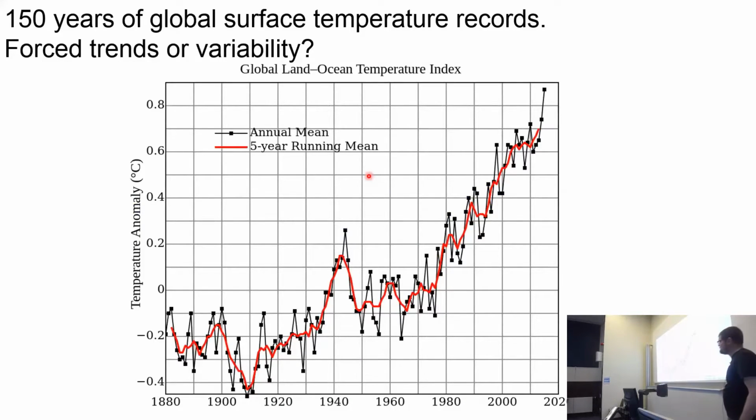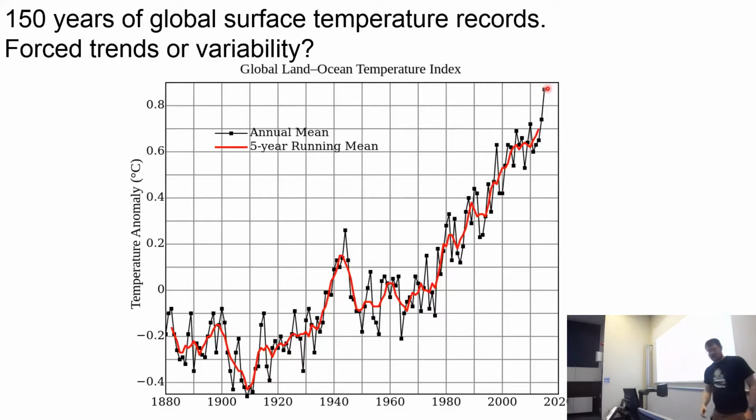This is a temperature reconstruction based on thermometers. So these are actual measurements of temperature measured all around the globe, averaged together in some way to get the global average temperature. And you can see here from the beginning of the 20th century to basically 2015, which is this data point up here, we've had approximately 1 degree Celsius of warming already.